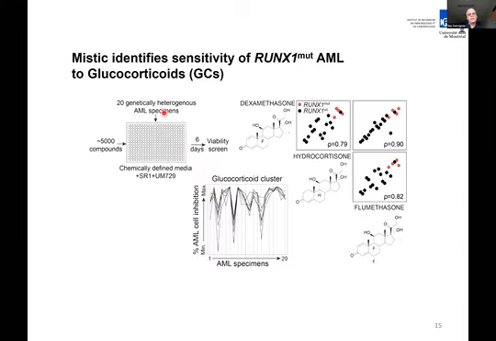So basically, she got this initially from 20 different primary specimens from patients that we treated with 5,000 compounds in a screen. And in fact, looking at 3 different glucocorticoids here of many, you can see that we found that the most sensitive patients, those shown by the red dots here, were strongly enriched for RUNX1.